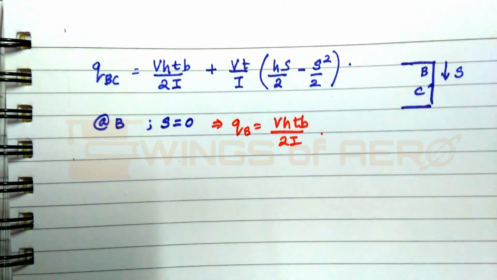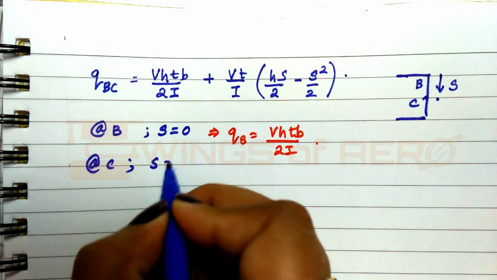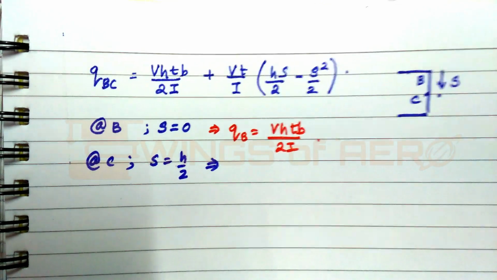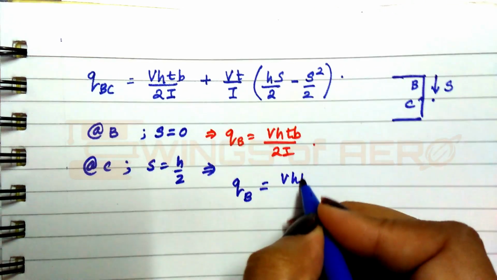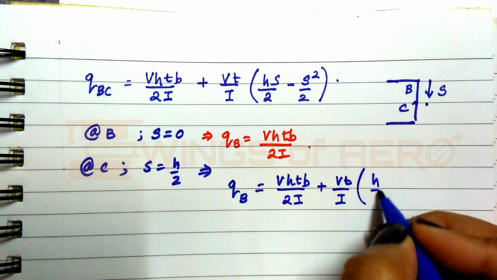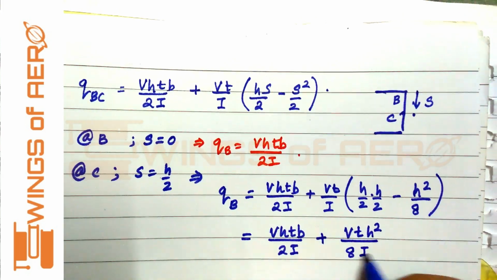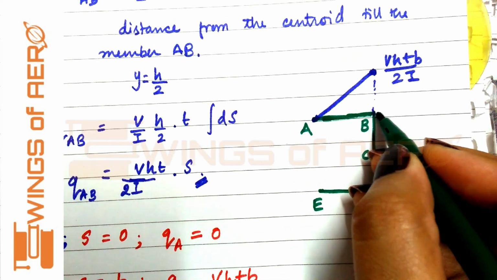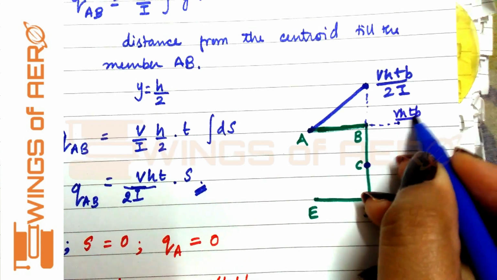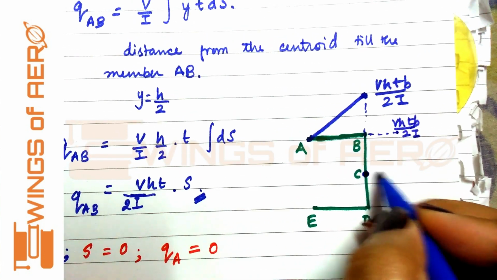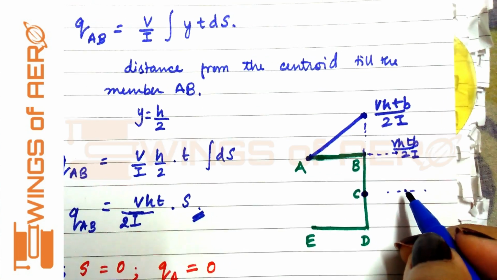Now at point C, s is traveling from this point to this point, so the s value is h/2. We substitute that value in the above equation and we get q_C equals V h t b / 2I plus V t h squared / 8I.